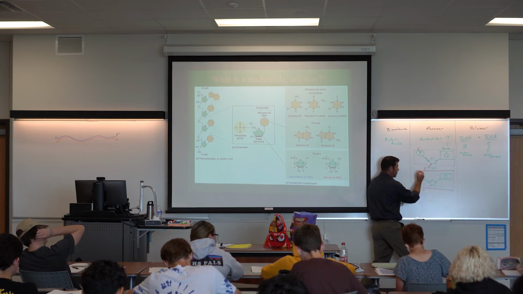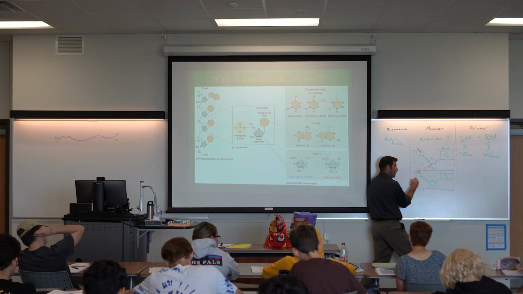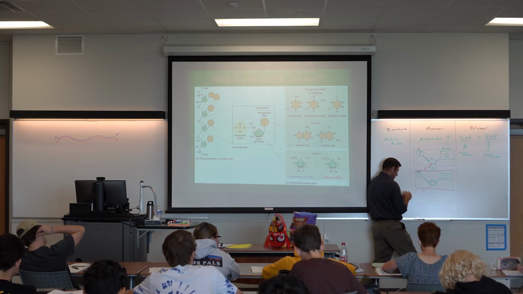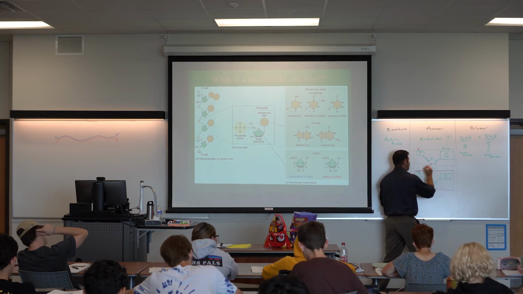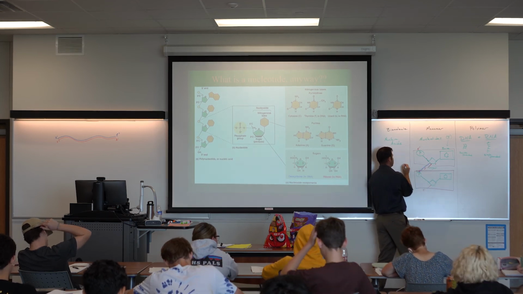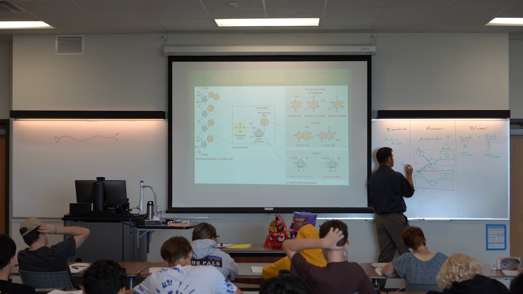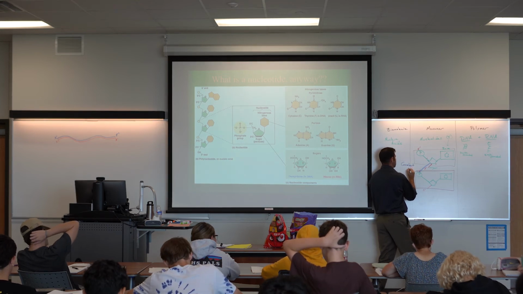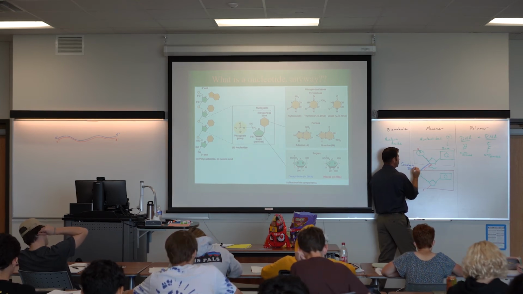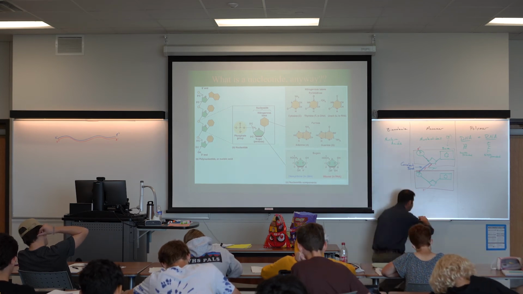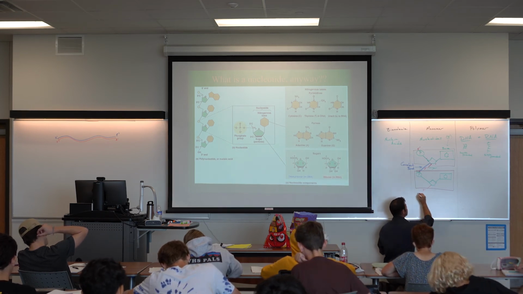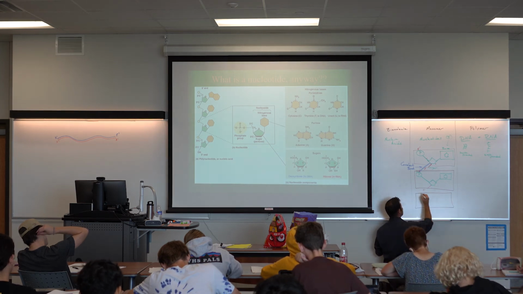And what forms between the 5' end of one nucleotide and the 3' end of the other, I'll just use the blue color this time, is a special type of covalent bond. It's a strong covalent bond that's going to link each amino acid. I just made a verbal mutation there. I said amino acid.